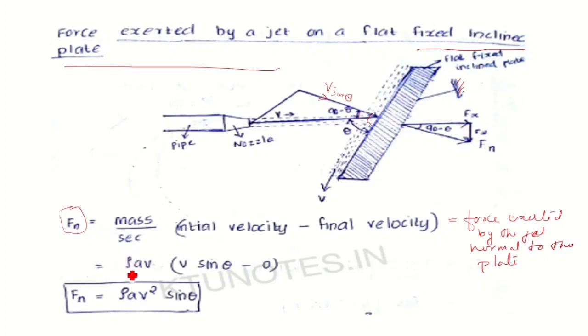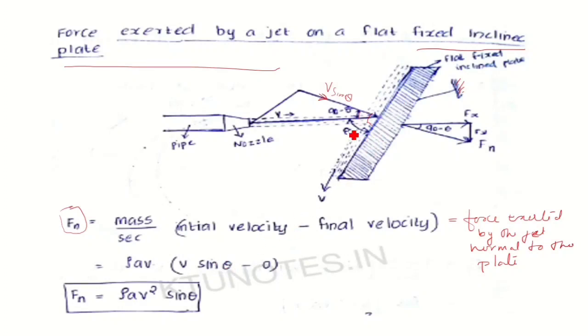Mass per second is rho a v, and the initial velocity with which the jet strikes the plate is v sine theta, that means the normal component of velocity to the flat plate.